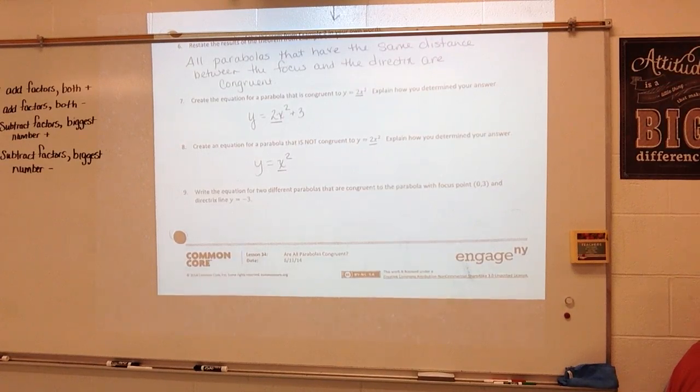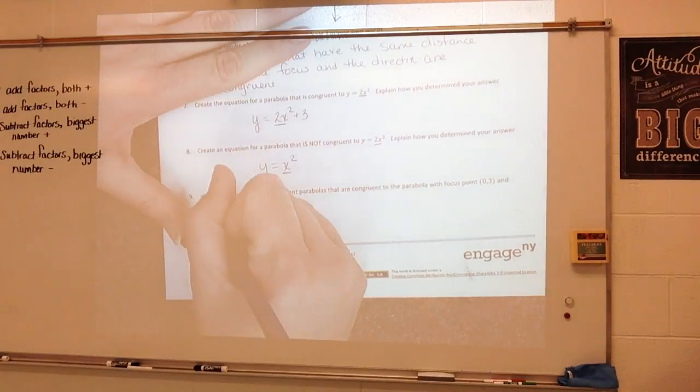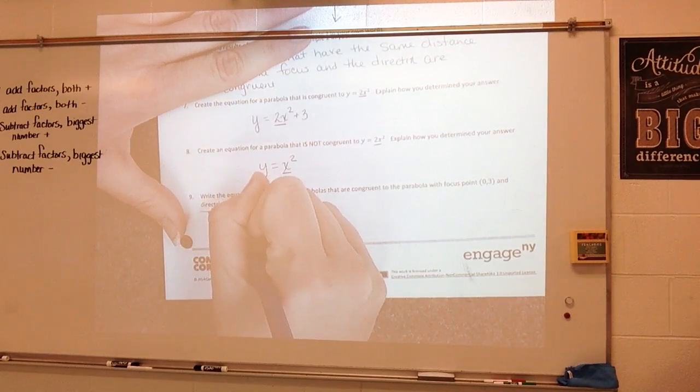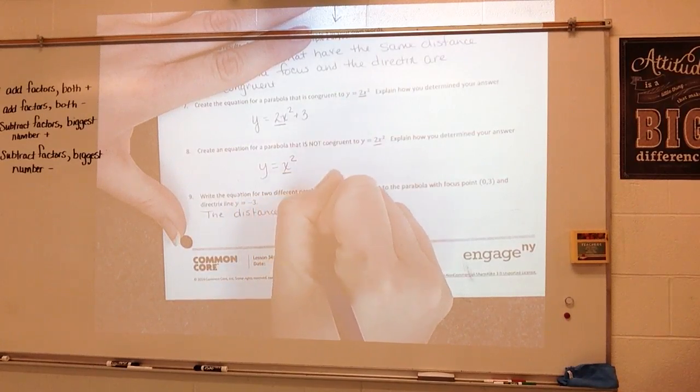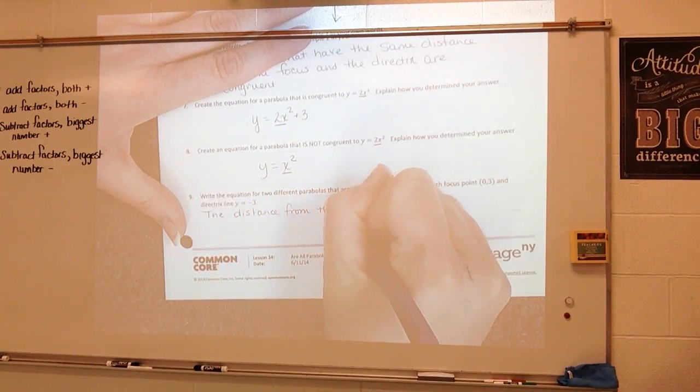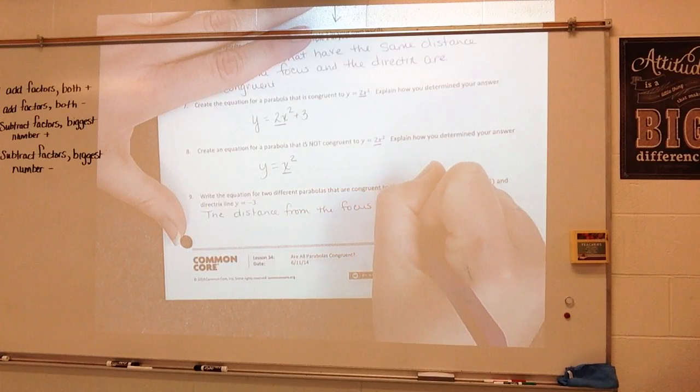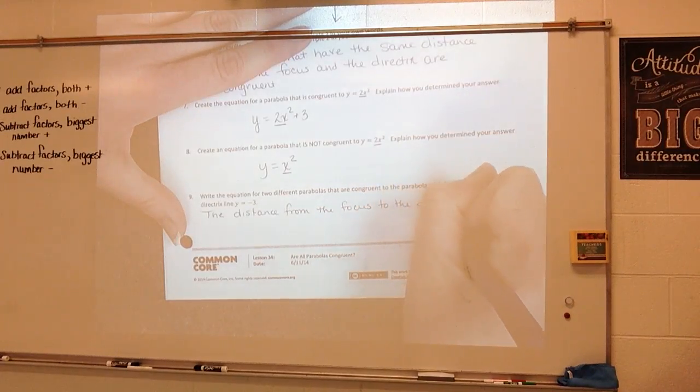And the directrix is at -3. That means the focus to the directrix is a distance of 6. So the distance from the focus to the directrix is 6 units.